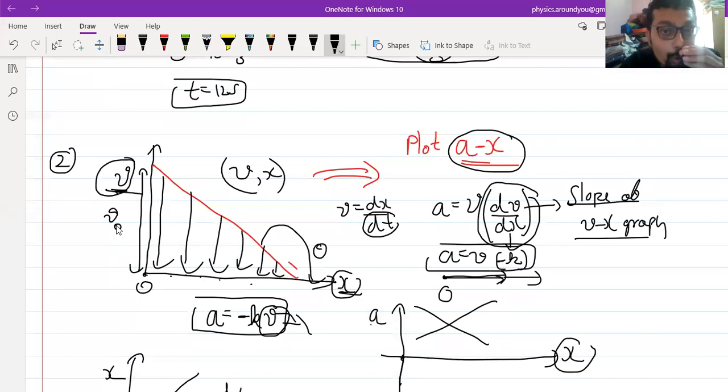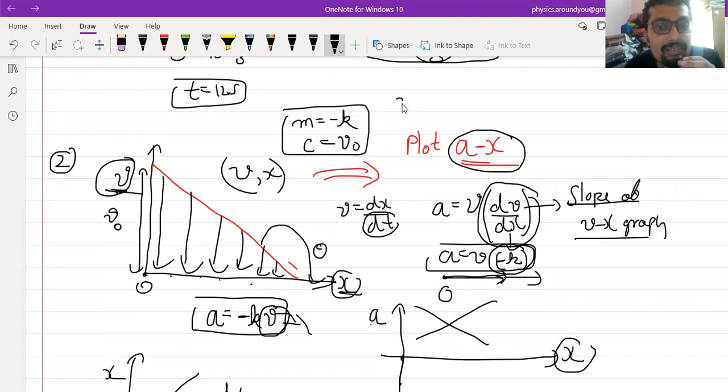And what is the slope of this graph? I already told you the slope of this graph is minus k. So the slope is minus k. What is the y-intercept? Positive V naught.